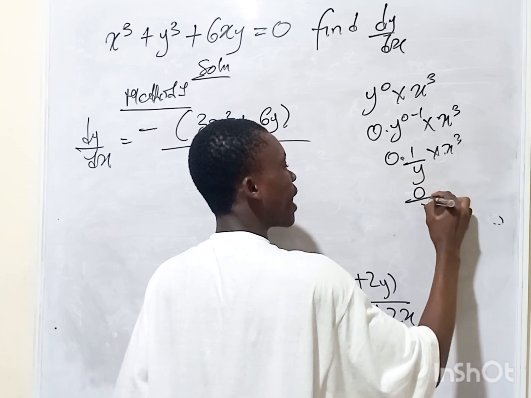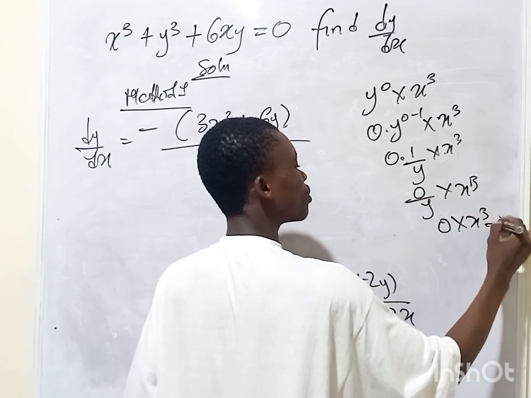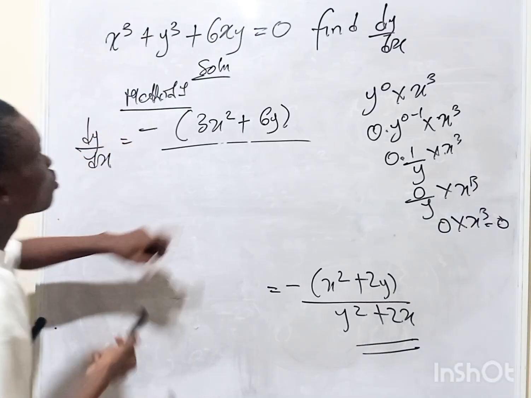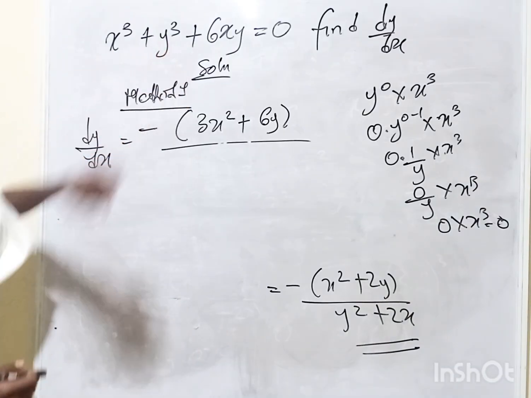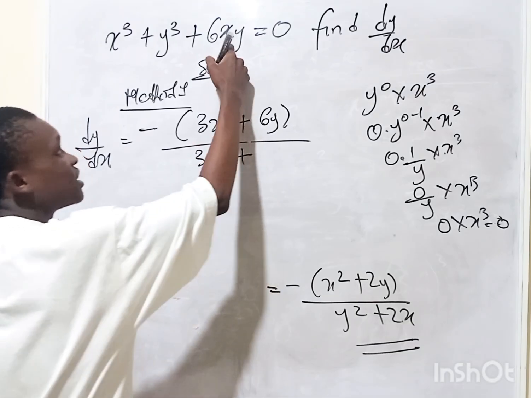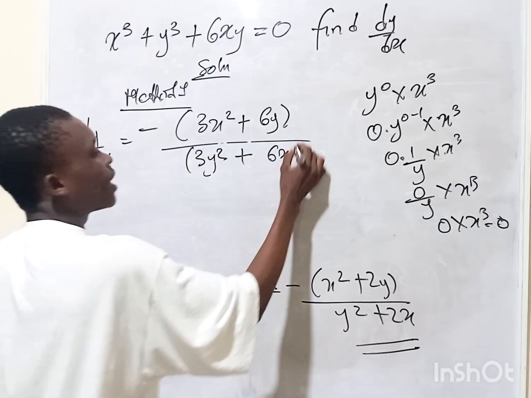So this is 0 over y times x cubed, which gives us 0. So clearly, since y is not here, here becomes 0. So let's differentiate here with respect to y. We have 3y squared plus, differentiate with respect to y, we have 6x. All right.